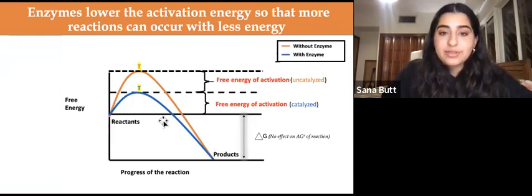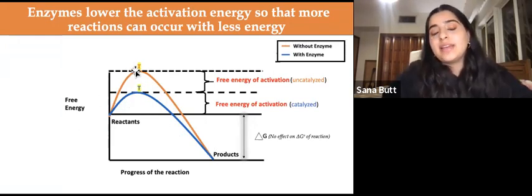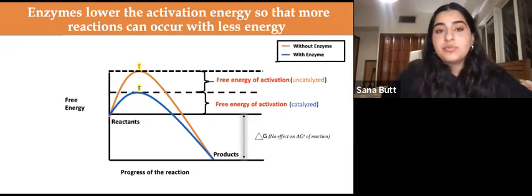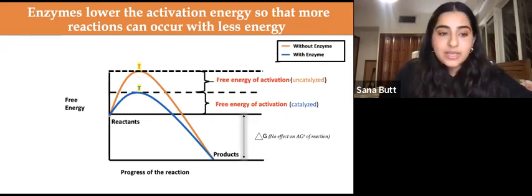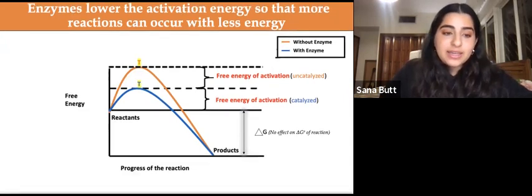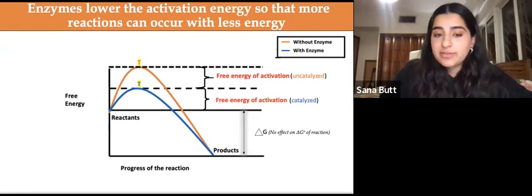That's the cool thing about enzymes, that they allow this to happen with less energy, which means that it can happen more often. So enzymes speed up the cell's chemical reactions by lowering the free energy of activation, and they do it so much so that the reaction can occur about 100,000 to 1,000,000 times faster than an uncatalyzed reaction.